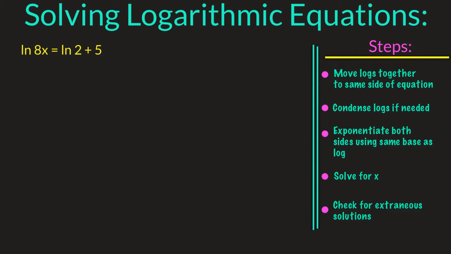All right, on this next example, we have the natural log of 8x equals natural log of 2 plus 5. Again, you still want to get your logs together, so let's go ahead and subtract that ln 2 to the other side. So we're going to have ln of 8x minus ln of 2 equals 5. We need to condense.